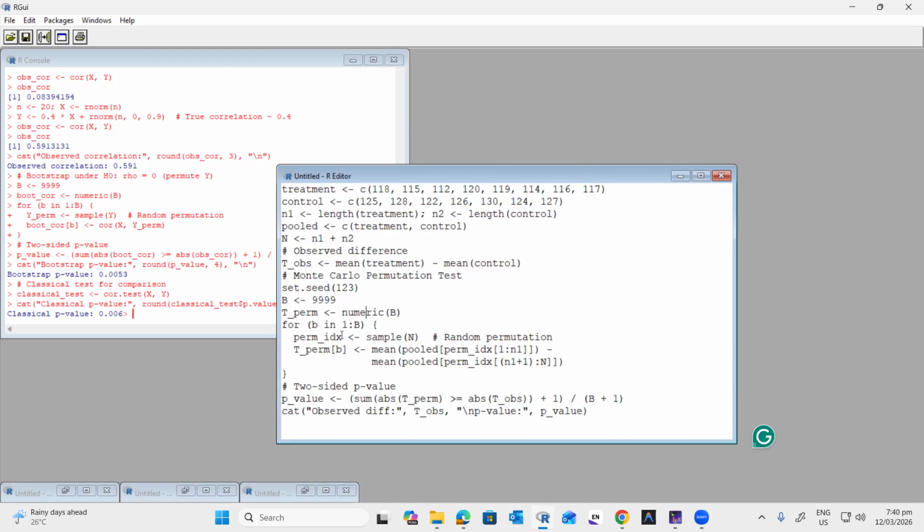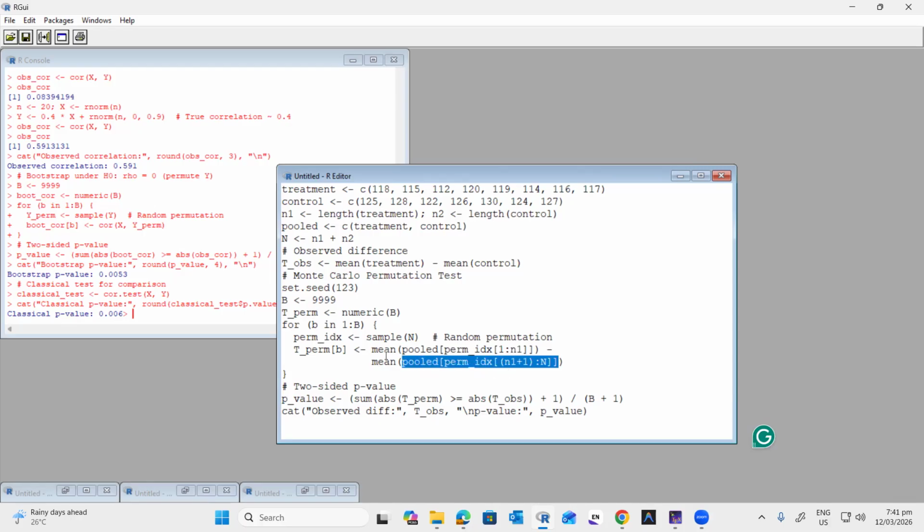of random permutation. In that one, we are going to generate the random permutations of indices 1 to capital N. In the permutation index, the first N1 observations we are going to take for the first group, and the remaining N1 plus 1 to capital N we are going to take as the second group.